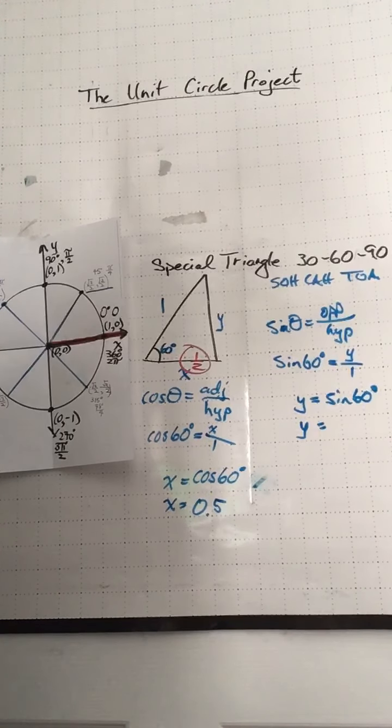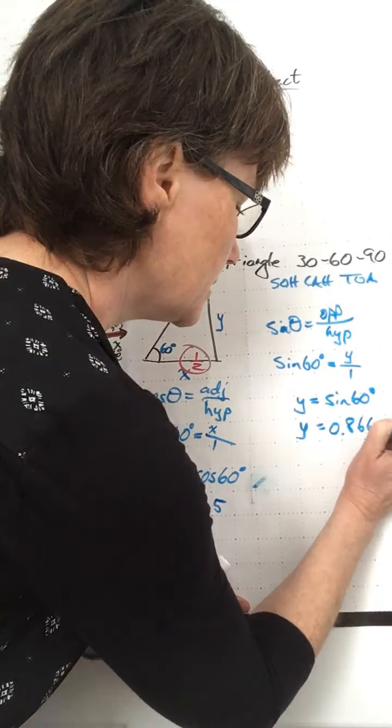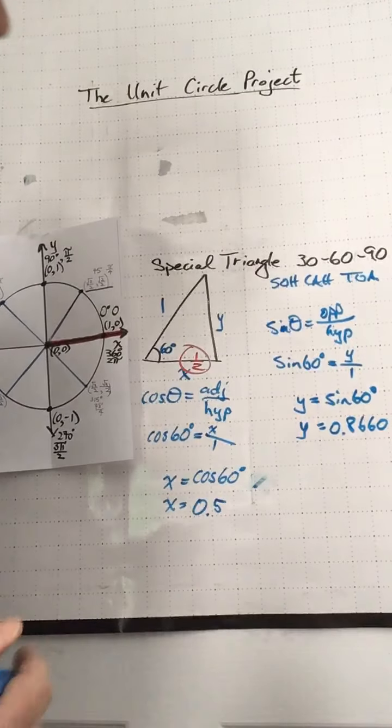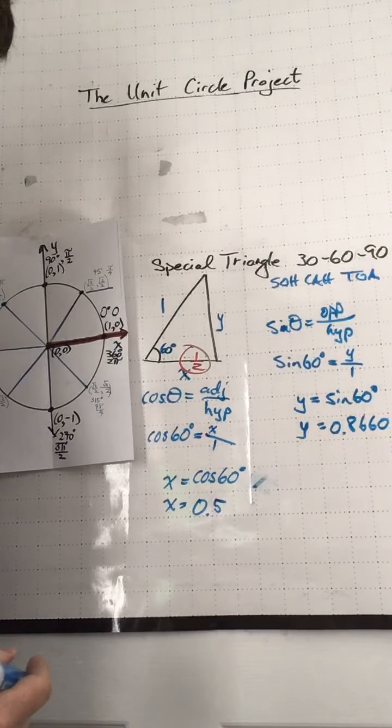Sine of 60 degrees, or pi over 3 if you are in radian mode, is 0.8660, and there are some more digits there, but keeping 4 decimal places is the right amount to be significant enough.